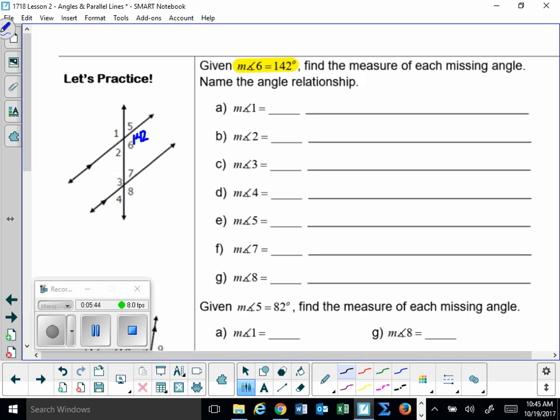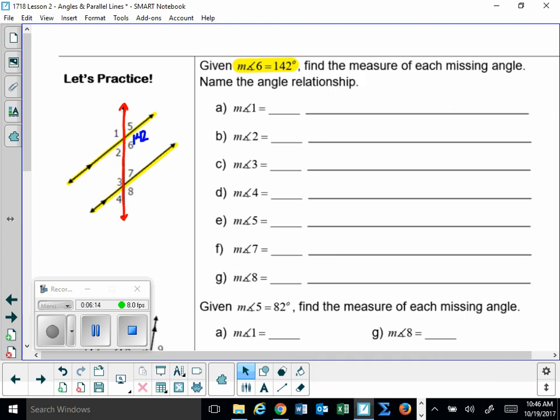Okay, angle relationships I can do no matter what, but before I can start doing measurements, I really need parallel lines. Alrighty, sure enough, we do have parallel lines up here, and so I'm going to take my highlighter and highlight my parallel lines. I'm going to take my marker and go over the transversal.